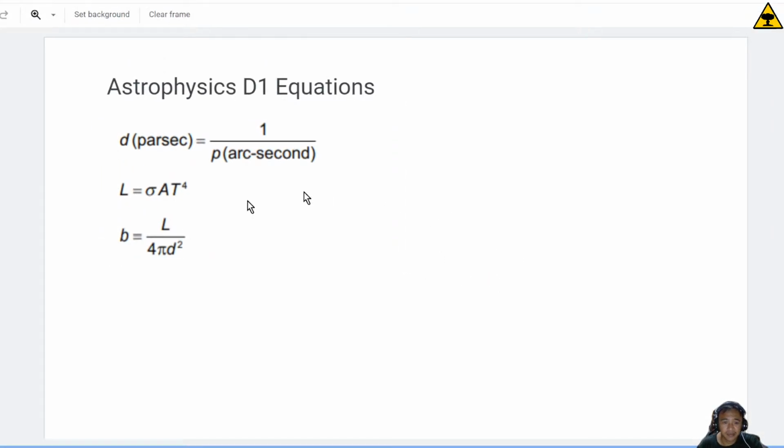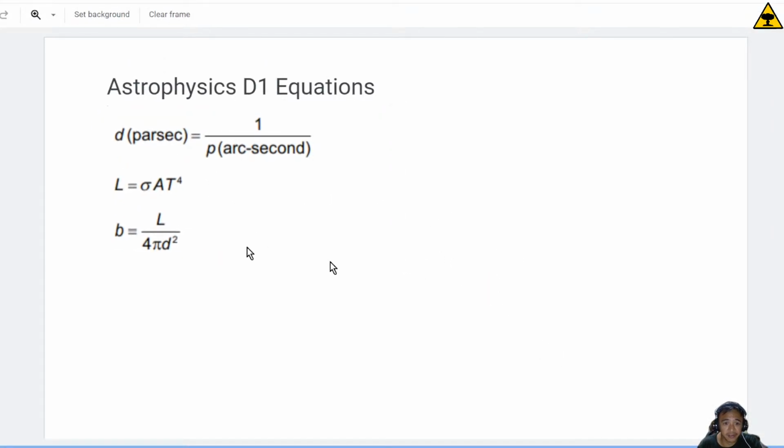Okay, so these are the equations in the data booklet for D1, right? The first one is a pretty straightforward equation. We kind of discussed how this goes. You have to convert your angle into arc seconds first, and this p stands for angle. I'll explain later how this works.